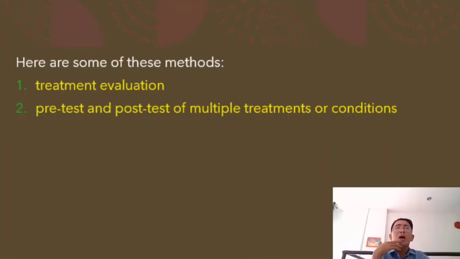All right? Or pre-test and post-test of multiple treatments or conditions. The first one we also call ex post facto, all right? Or after the fact, meaning evaluation comes after the treatment, all right? So we can only evaluate it after we have given the treatment, okay? So we can call it ex post evaluation, all right?